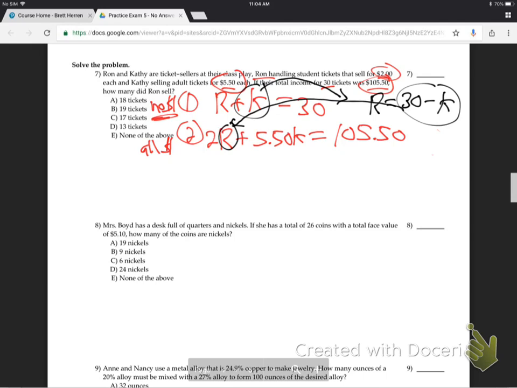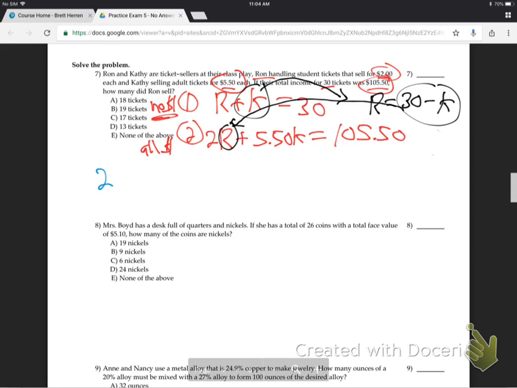That's called the substitution method. The other way is you could have just multiplied the top equation by -2: -2R, -2K, -2 times 30, and then add them, and the -2R and the 2R will be 0. Either way is fine. So I'm going to do the plug-in thing.